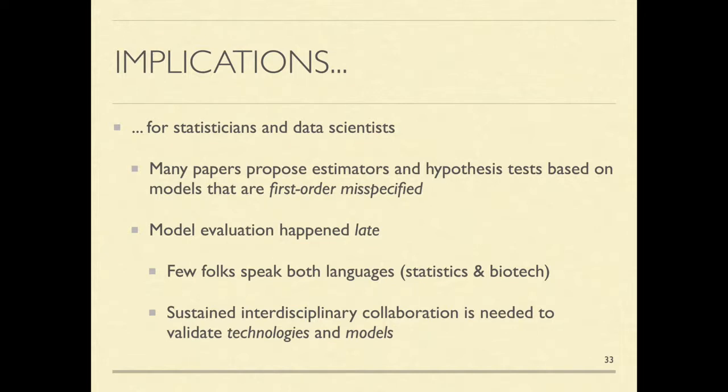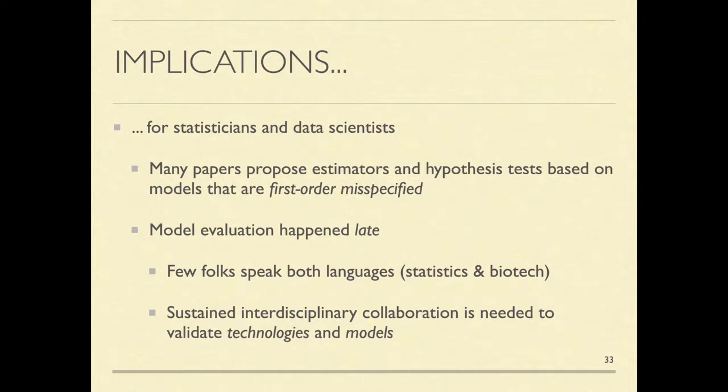So I would say the shortcoming here is that very few folks in the statistical community and in the microbiome community speak both languages, one of statistics and one of biology, or maybe statistics and biotech, that allows us to evaluate this technology in the way that it's being used.